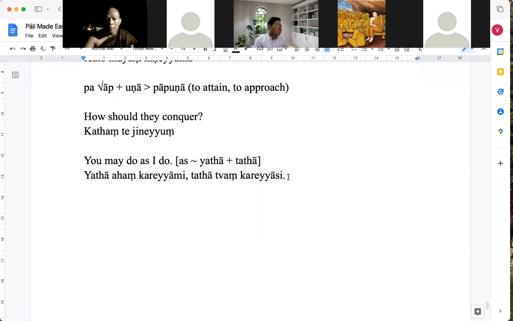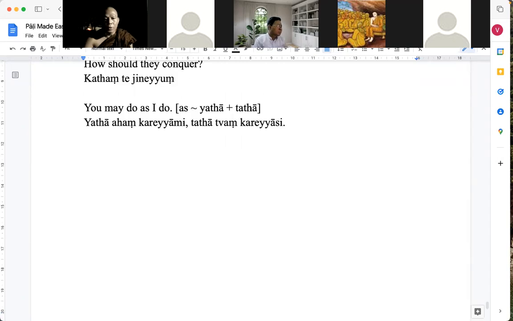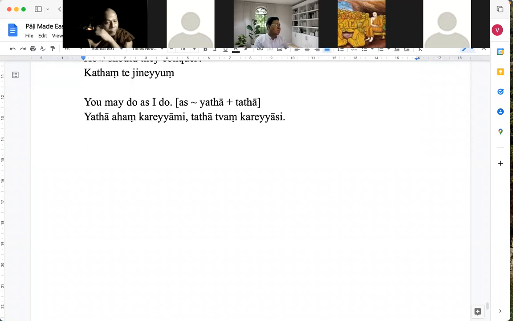Commonly, if we see those sentences separately, for example, maybe this sentence you are familiar with: Bhavatu sabba mangalam.